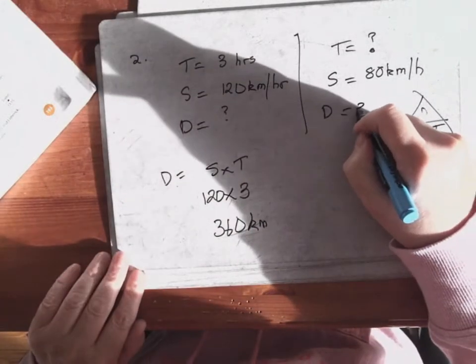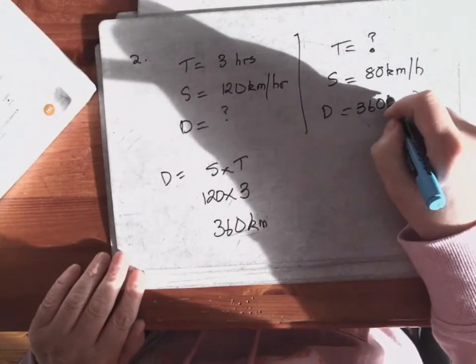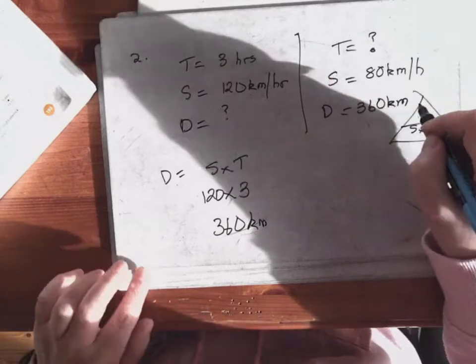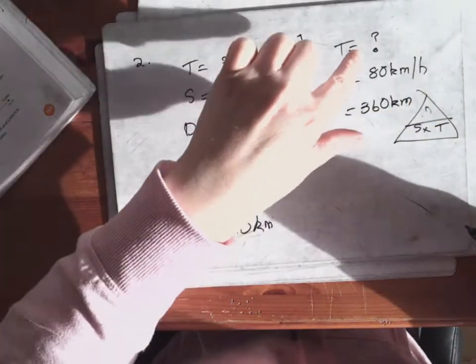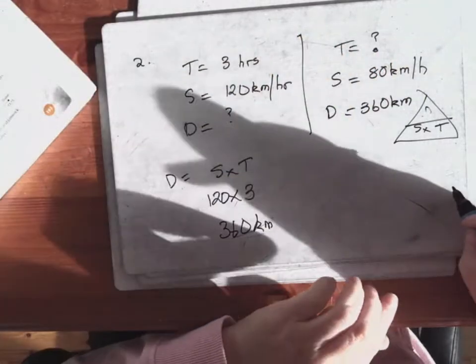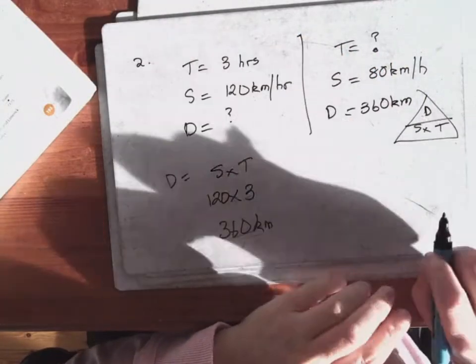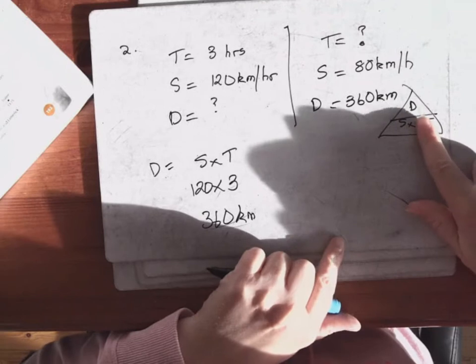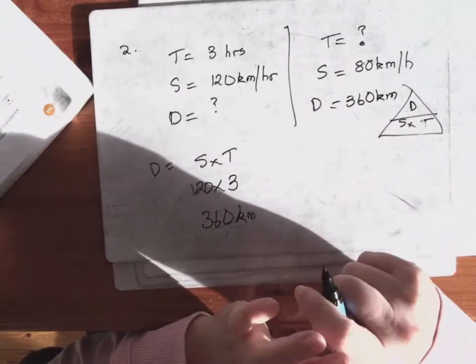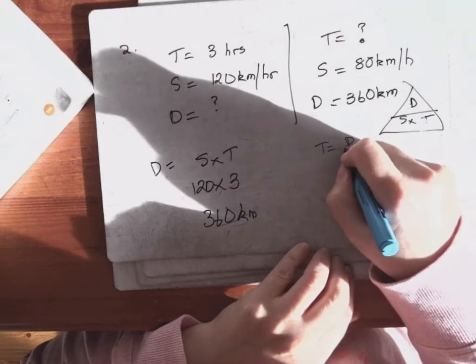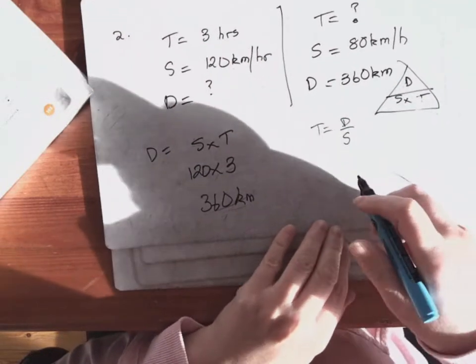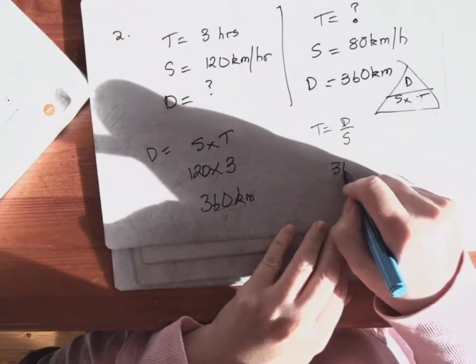So we're going to do the same journey again. The same distance, but our speed is now 80 kilometers per hour, and they want to know how long. So I'm missing time. In the silly triangle, cover the T, and time is equal to distance over speed. We know the distance, it's 360.